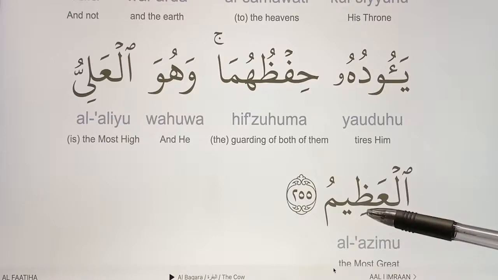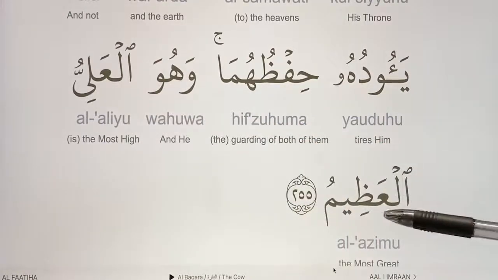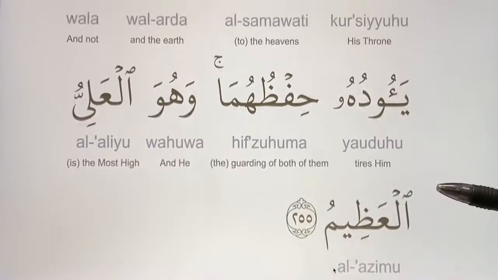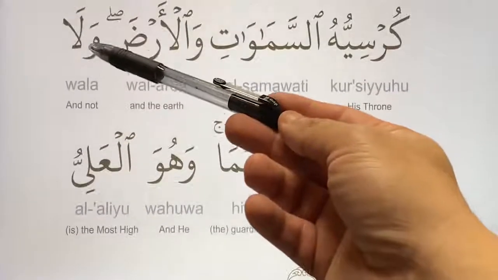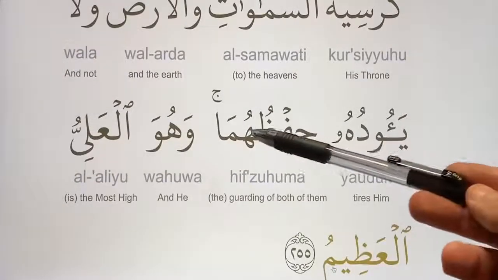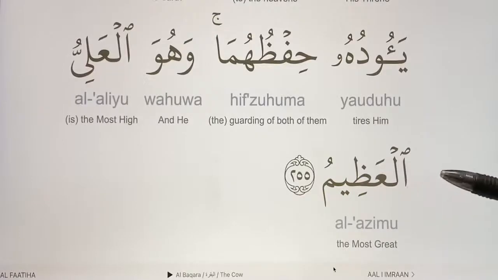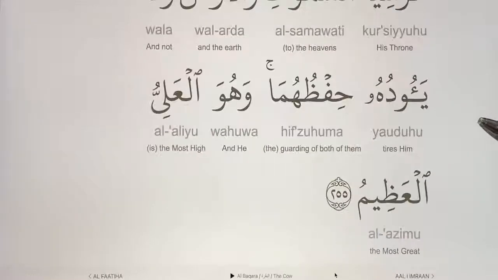Not azim, عظيم. وهو العلي العظيم. Going back to this last line. ولا يؤوده حفظهما وهو العلي العظيم. Now, one time together, all of it.